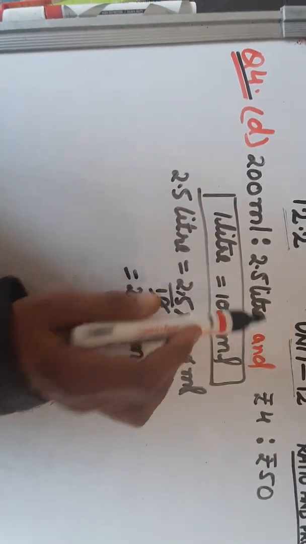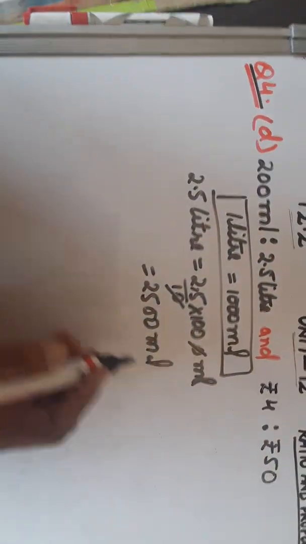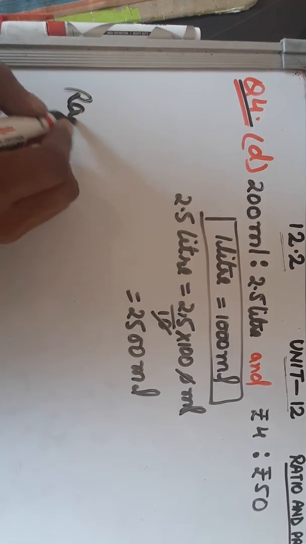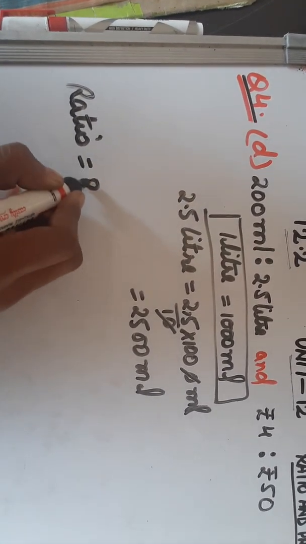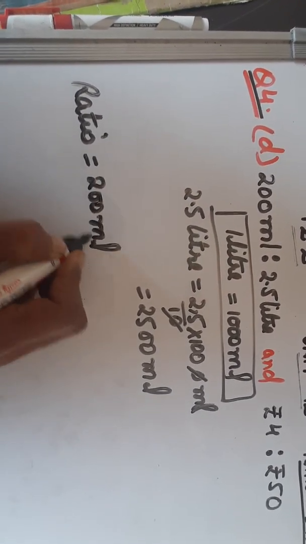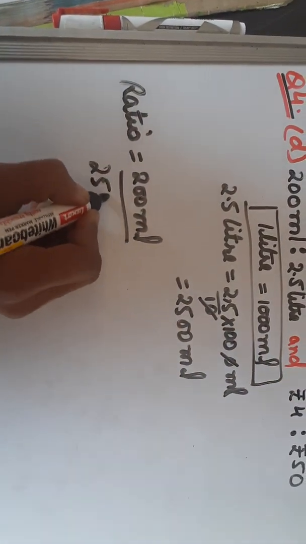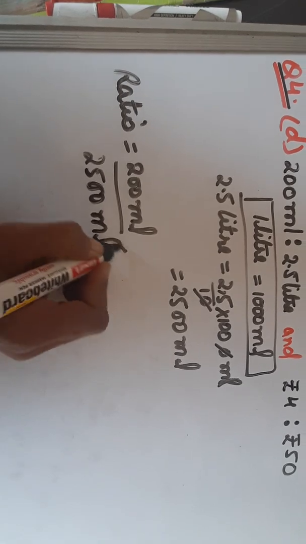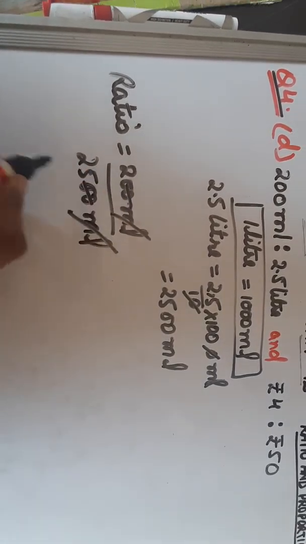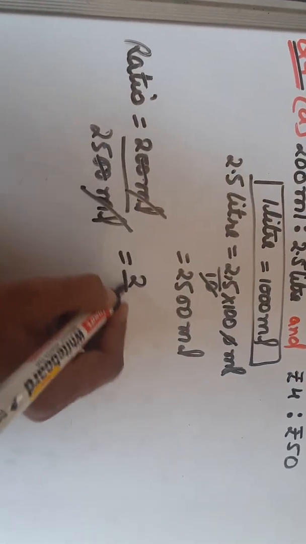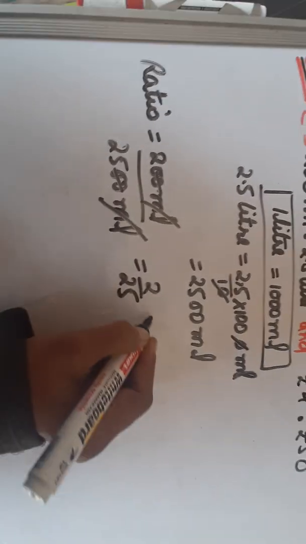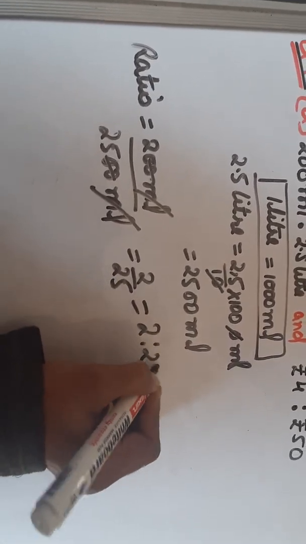So we will take 2.5 liter as 2500 milliliter. So now the first ratio is 200 milliliter divided by 2500 milliliter. So cancel out 2 zeros. So 2 by 25, no other common factor is there. So this is your final ratio.